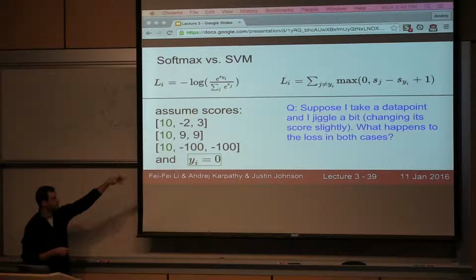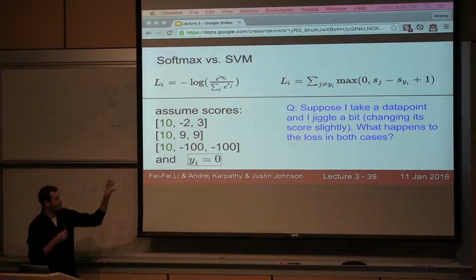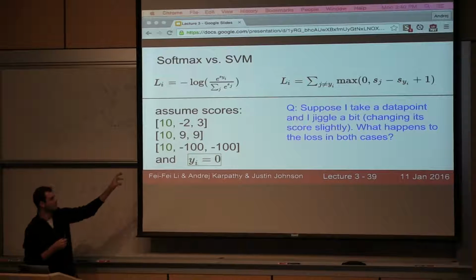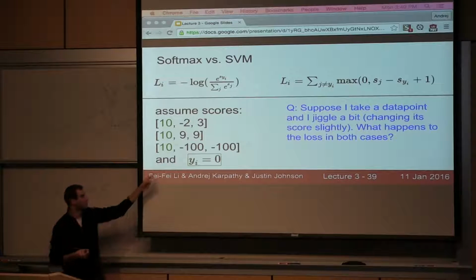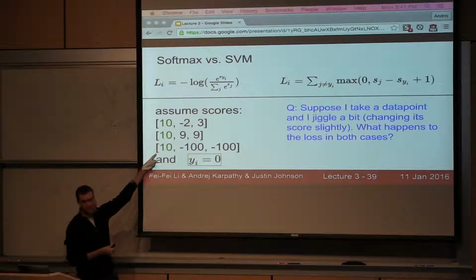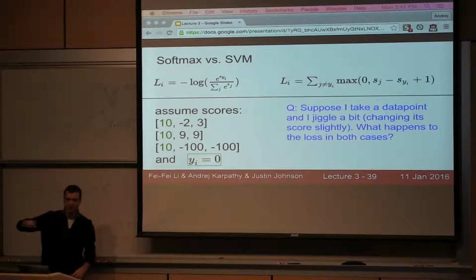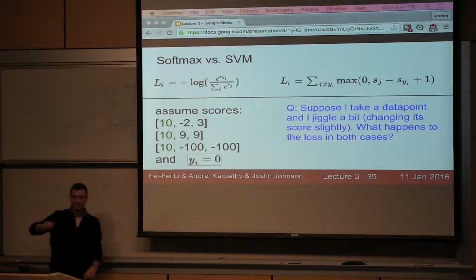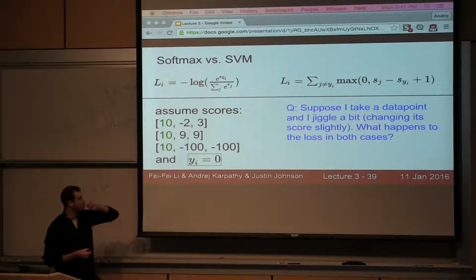Now just think about what these losses tell you about how desirable these outcomes are in terms of that W. In particular, suppose I take this third data point, 10, negative 100, negative 100, and suppose I jiggle it, like I move it around a bit in my input space. What is happening to the losses as I do that?